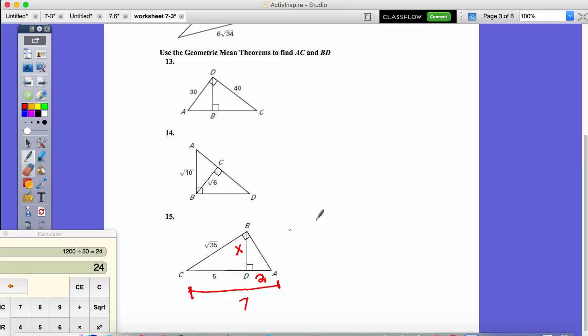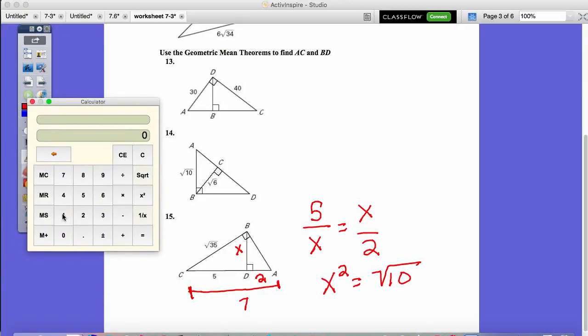So now I want to find BD. 5 over X equals X over 2. X squared equals 10, so X is the square root of 10 in simplest radical form. That rounds to 3.2 if I have to round to the nearest tenth.